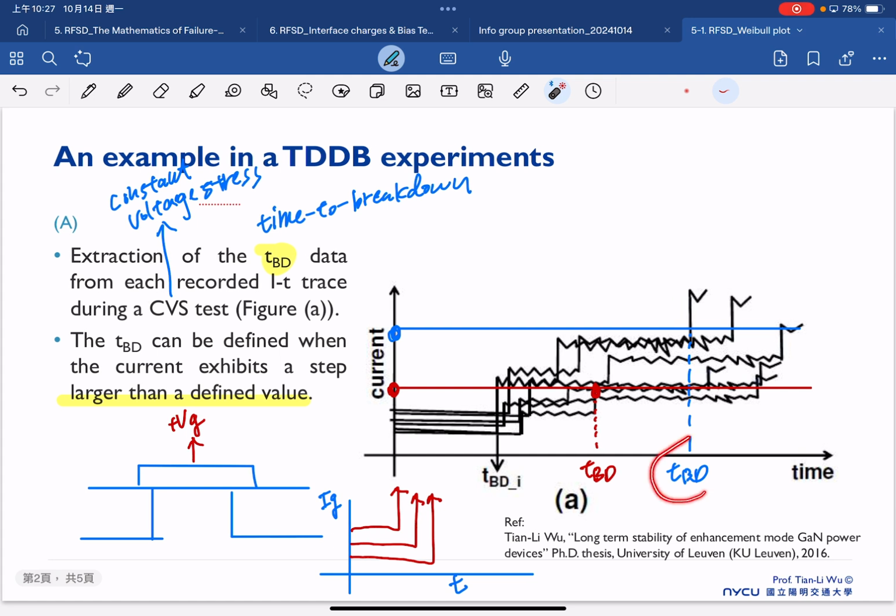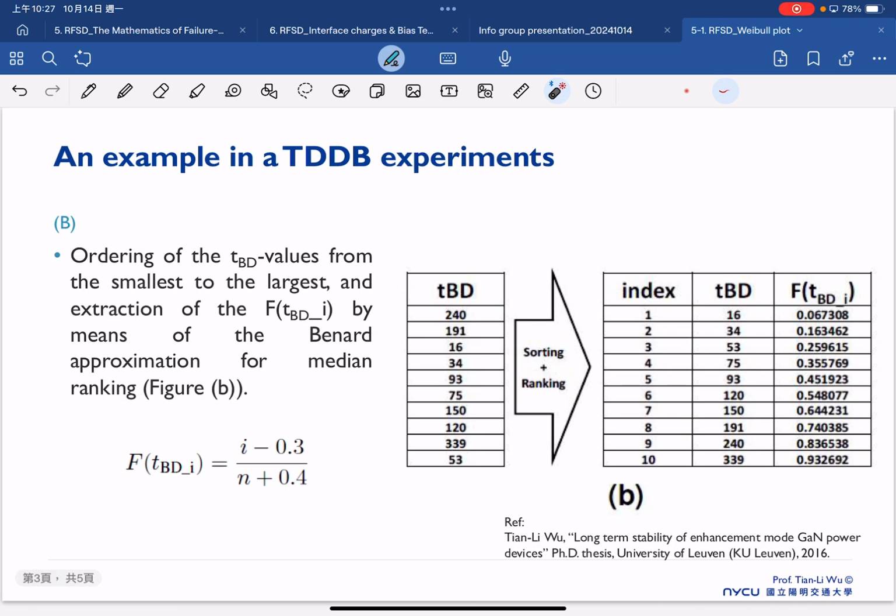Because we test 10 devices, for sure the 10 devices won't show exactly the same TBD. So that's our experimental result. But now the next step is that we have to order the TBD values from the smallest to the largest.